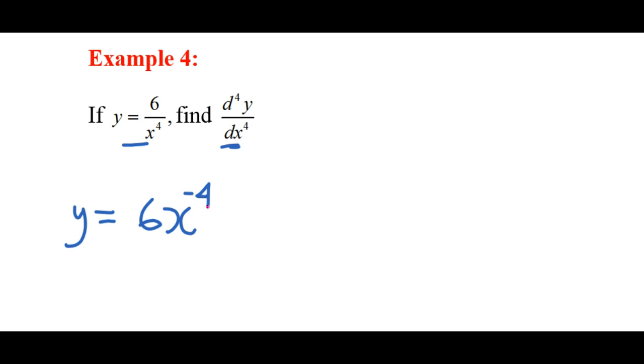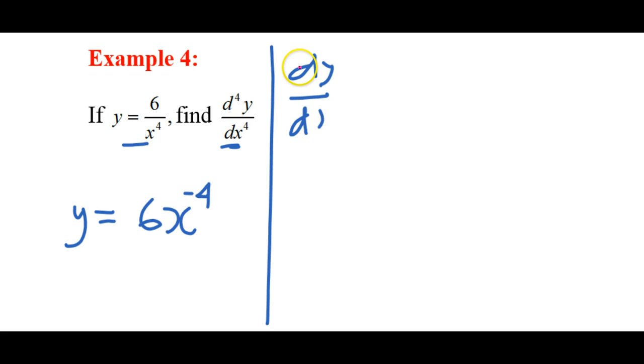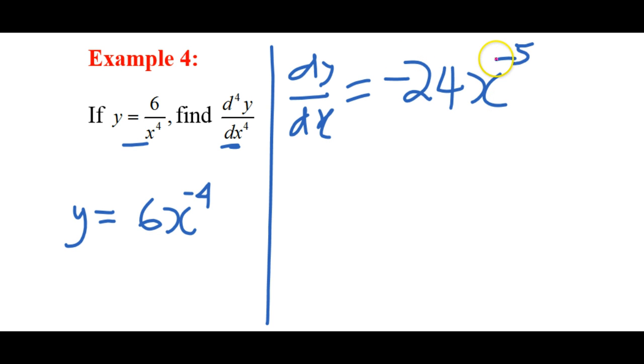Then you take your first derivative, so the first derivative will be dy/dx. Now 4 times this is negative 24x. Remember that I'm subtracting 1, so that will be negative 5 from this.